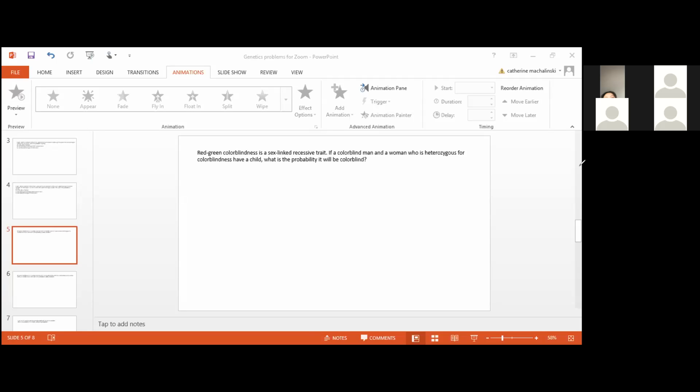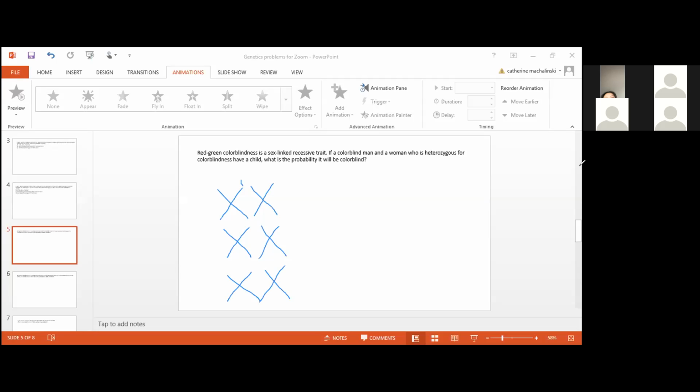So for females, there are 3 possible genotypes. Now, in this problem, it doesn't tell you what letter to use. So you could use C for colorblind, but if your handwriting's bad like mine, you'd have a hard time telling a big C from a little c. So I like to use B for blind.